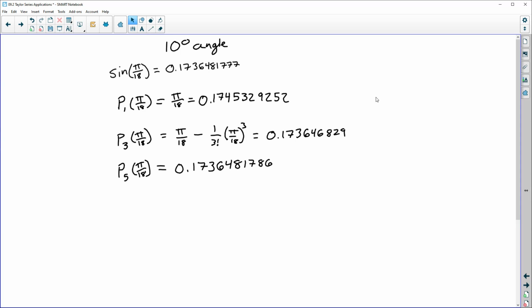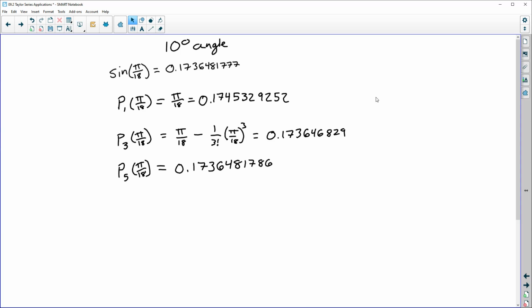What we have here is an approximation of sine at the angle of 10 degrees. We can write that as pi over 18, and we are given this long decimal number. Notice that if I evaluate the Taylor polynomial P1, I am just evaluating pi over 18.